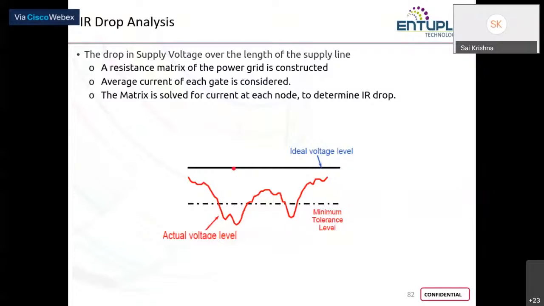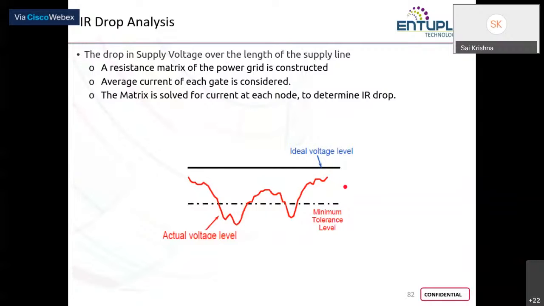So if we say that our standard cells are working at 0.9 volts, for example, your ideal voltage level will be 0.9. But in the practical scenario, because of the parasitics and the propagation losses, your voltage might be somewhere like 0.88, 0.85, or 0.82 at most.